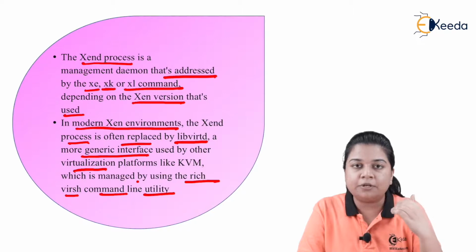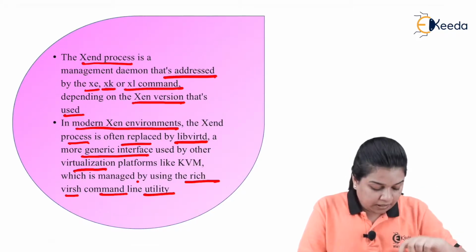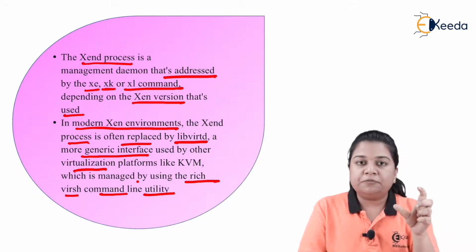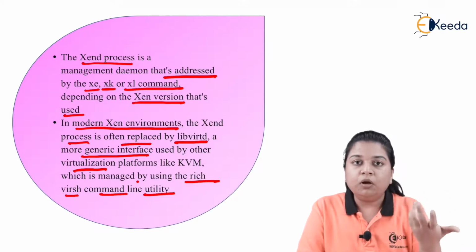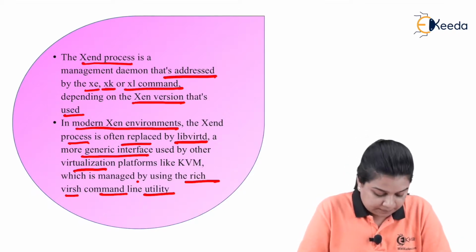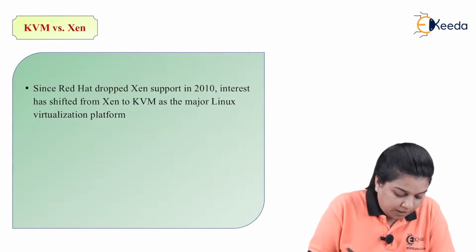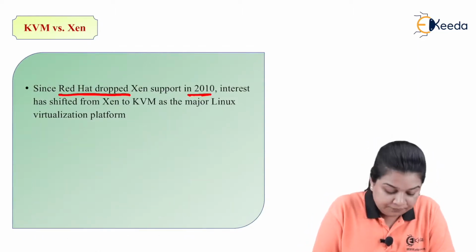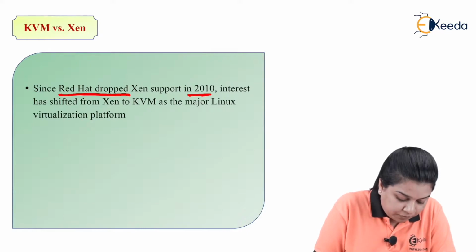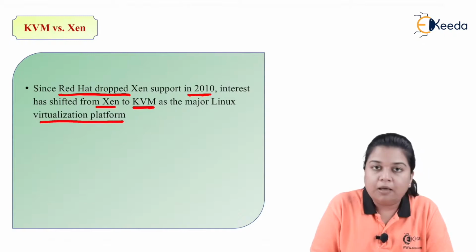Now, what is the difference between the Xen environment and the KVM environment, and which is more usable these days? KVM versus Xen. Since Red Hat dropped Xen support in 2010, interest shifted from Xen to KVM as the major Linux virtualization platform.